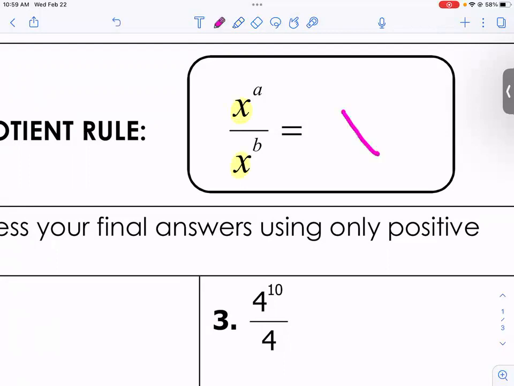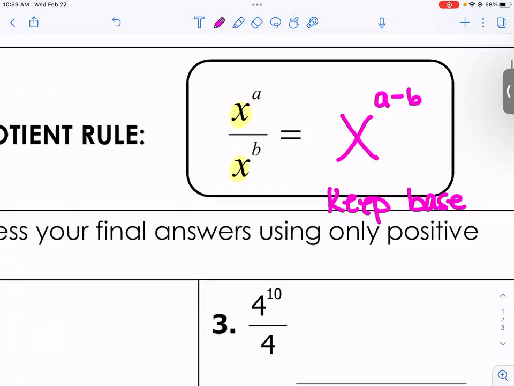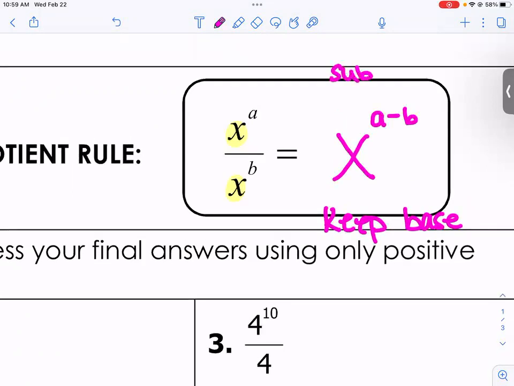So we're gonna keep the base. But then we are going to subtract our exponents. Okay. And in the order of numerator minus denominator. Okay, that order is going to be important.